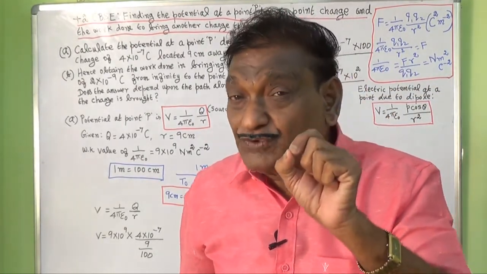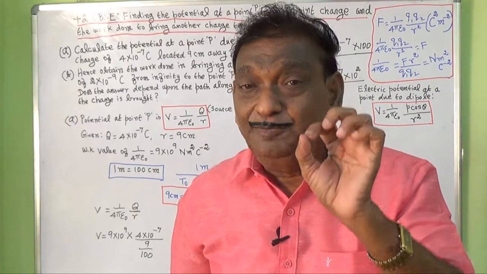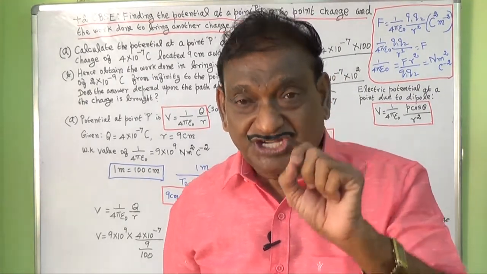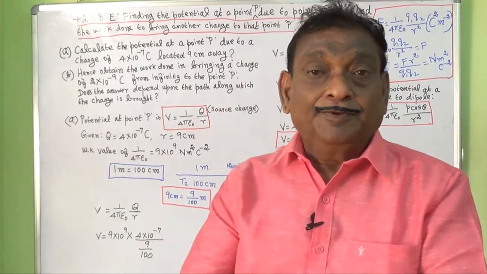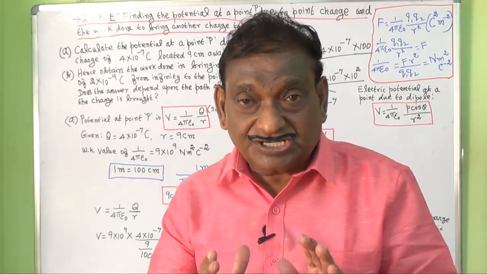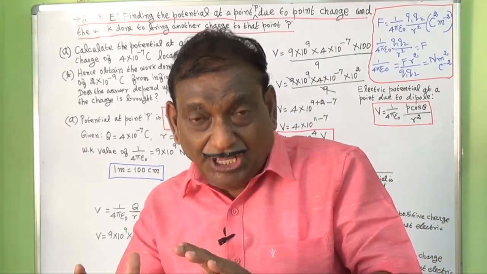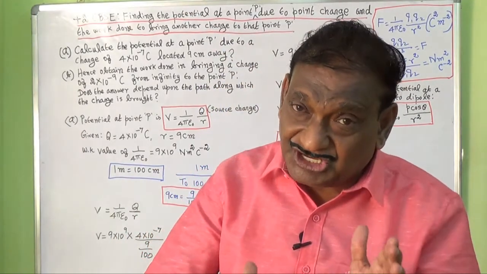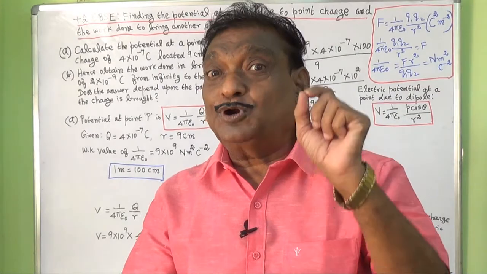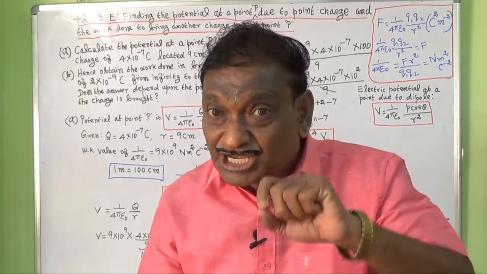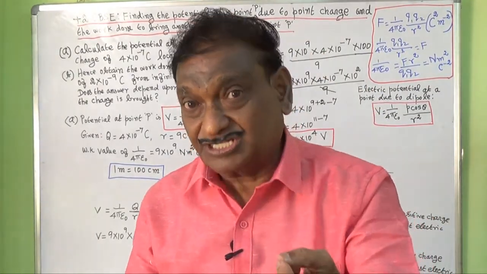At this electric field, there will be different potentials at different places. If the distance is increased, the potential will be decreased. Why? Because the potential is inversely proportional to the distance.